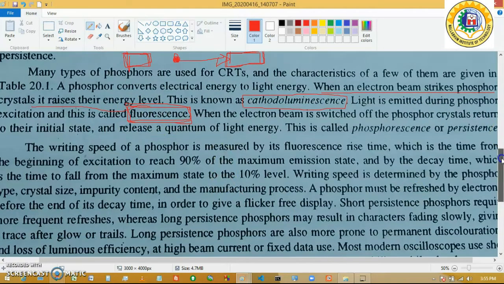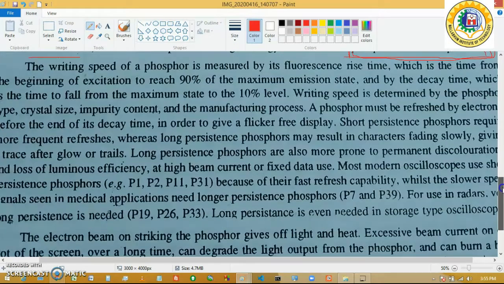And whenever the electron beam is switched off, the phosphorus releases its energy and comes back to the initial state, and this is called persistence. These three phenomena actually happen in the phosphorus coated on the faceplate of the CRO.